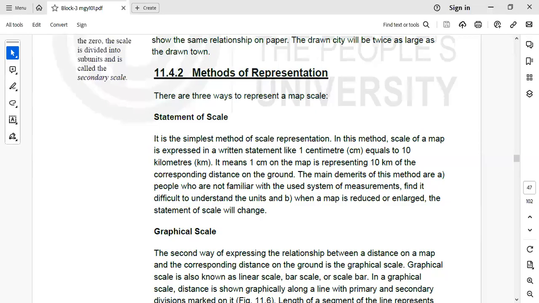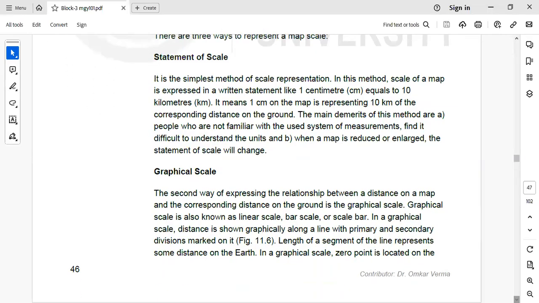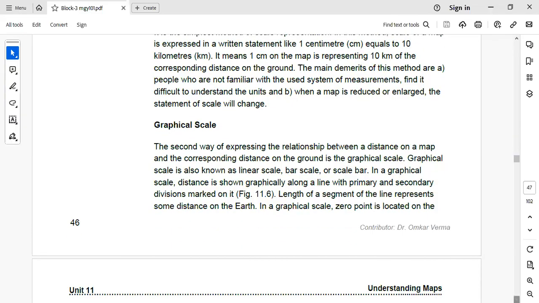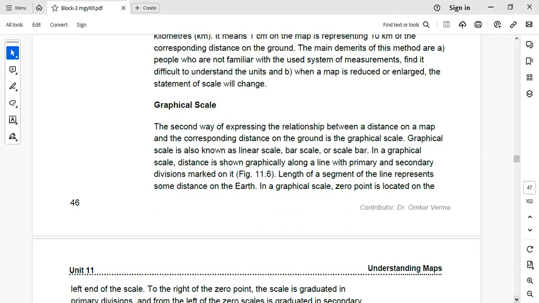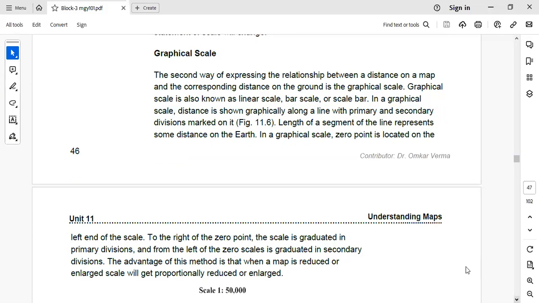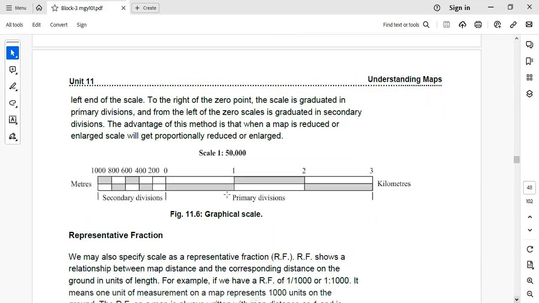Then we have the graphical scale. This is another method of expressing the relationship between a distance on a map and the corresponding distance on the ground. The graphical scale appears like this. It has some divisions.